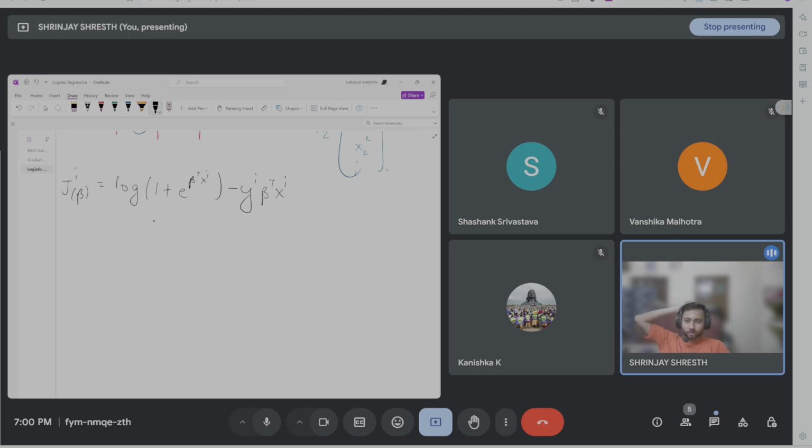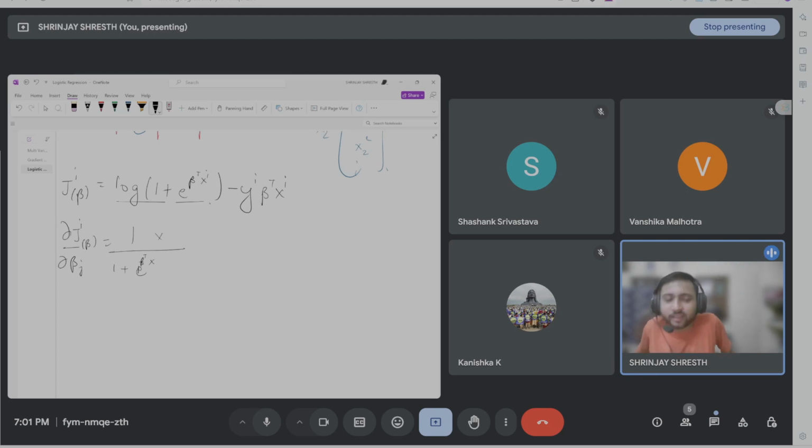This is our loss function, right? And let's differentiate it. If you differentiate this thing, you will have something as 1 over 1 plus e raised to the power beta transpose x. And now let us differentiate this thing.